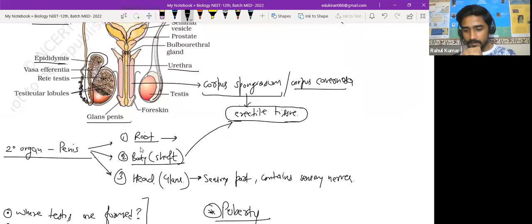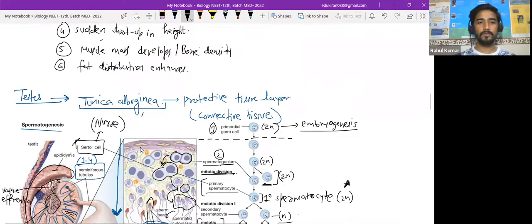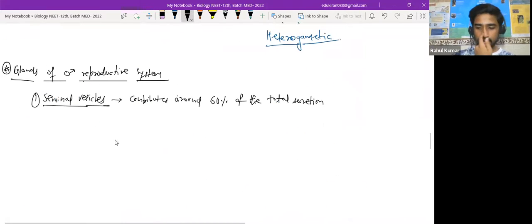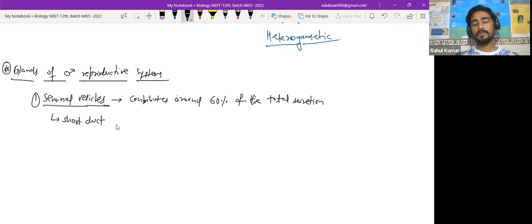So write down, each seminal vesicle has a short duct that joins with vas deferens to form ejaculatory duct.